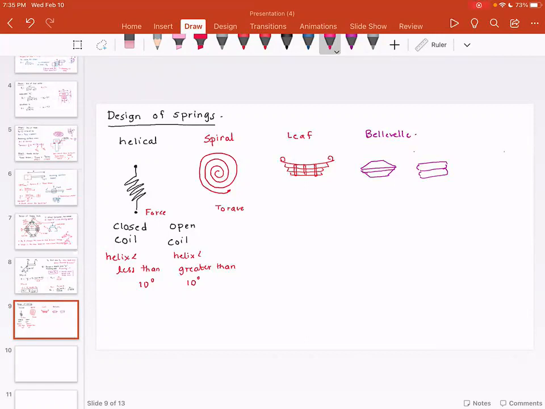Now, what are the typical applications of springs? Springs are used in a lot of applications. First, they can be used to store energy. Second, to exert force.